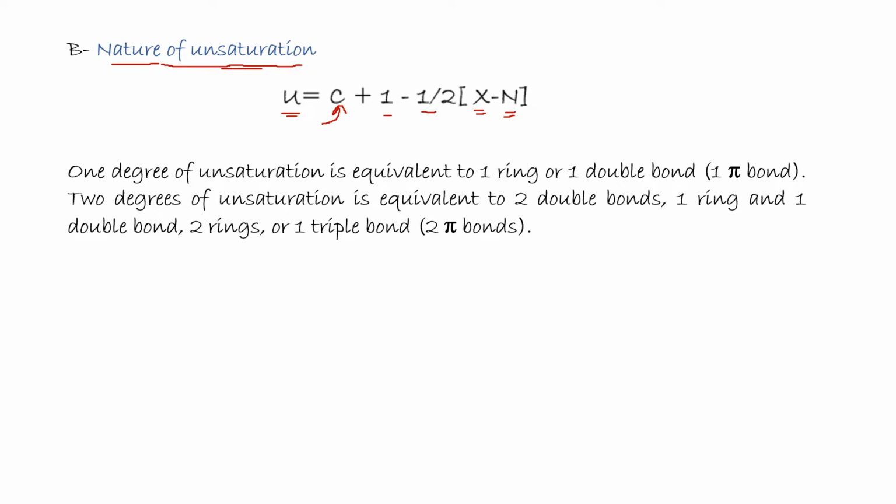And 1 degree of unsaturation is equivalent to 1 ring or 1 double bond. 2 degrees of unsaturation is equivalent to 2 double bonds, 1 ring and 1 double bond, 2 rings, or 1 triple bond. That's from the molecular formula.